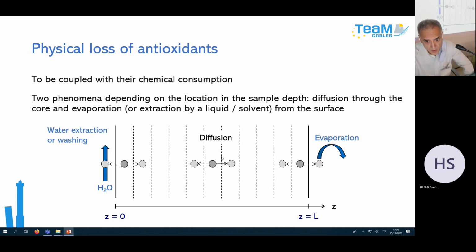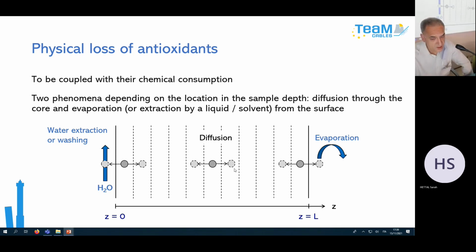If the molecule is in the core of the sample, it can be lost by diffusion from the center towards the surface. And close to the surface, the antioxidant molecule can be lost by evaporation. So you have a crossing of the polymer-air interface. It can also be lost by extraction by a liquid or solvent, for instance, by water.